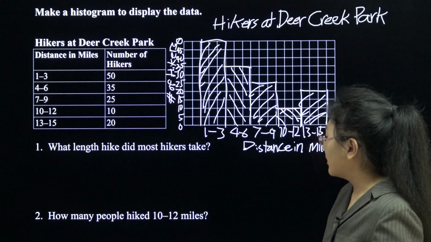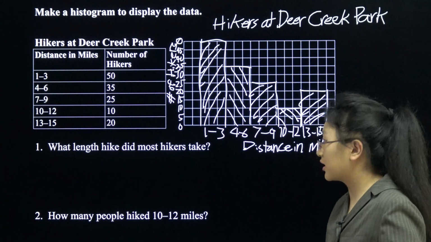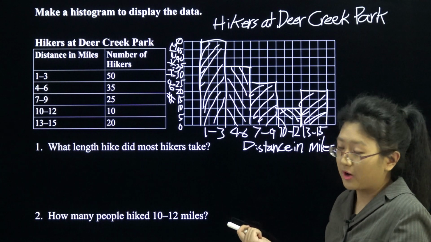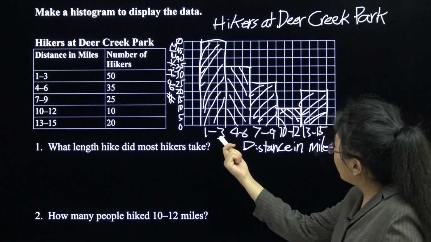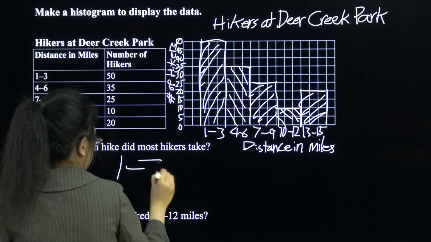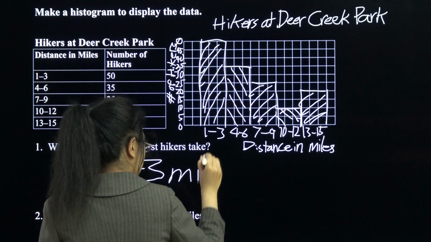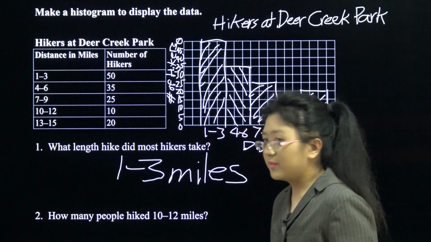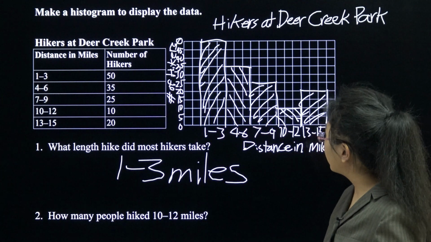What length hike did most hikers take? Well, you look at the tallest column or bar, just like a bar graph. And that would be 1 to 3 miles. How many people hiked 10 to 12 miles?